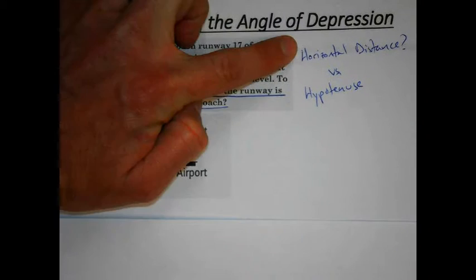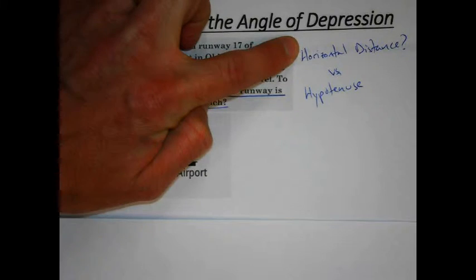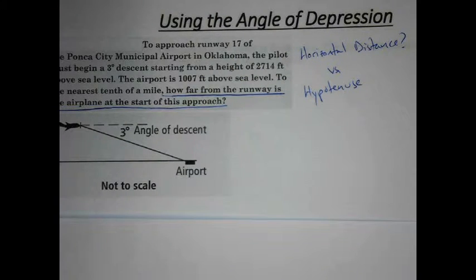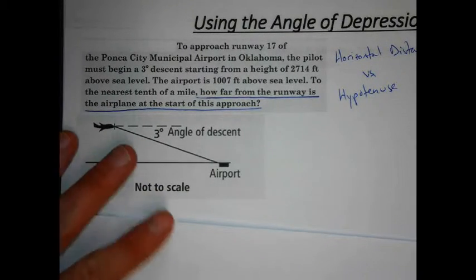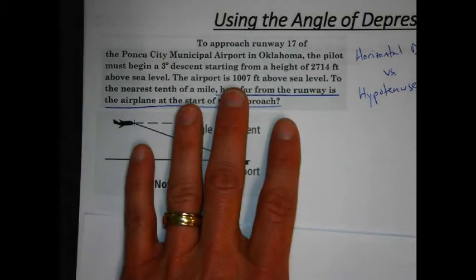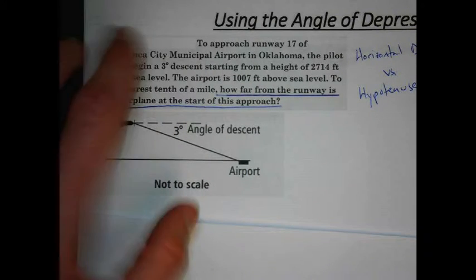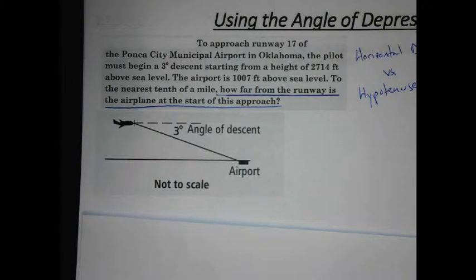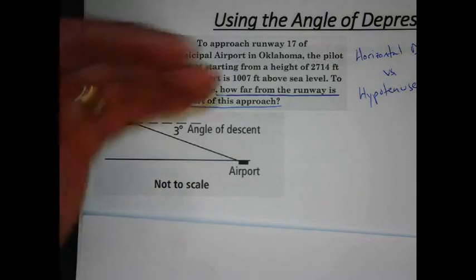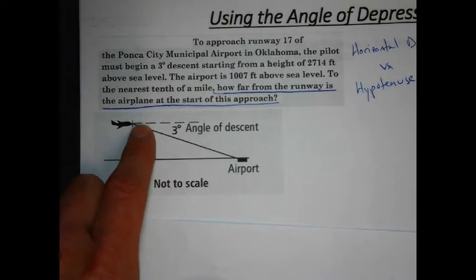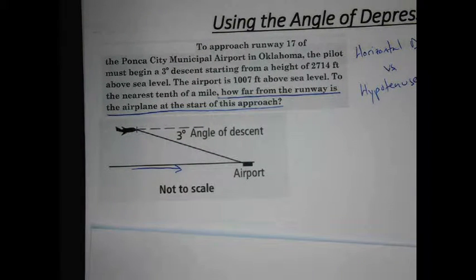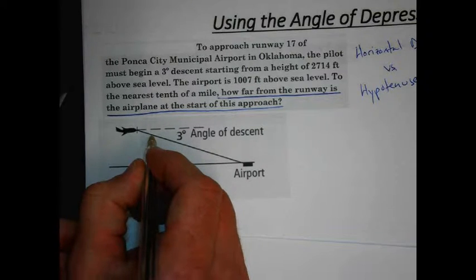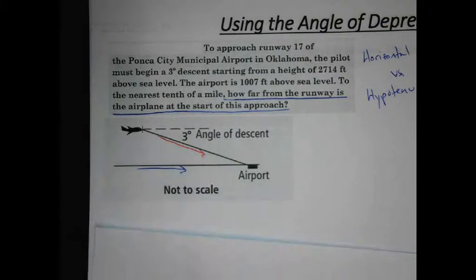I personally am a believer in horizontal distance, especially when it comes to air travel, because most mapping functions, air traffic control, for example, use overhead, and when they talk about how far from a runway is something, it is a horizontal distance. So are we looking for the horizontal distance, which is this, or are we looking for the hypotenuse, which is this? And we never quite can come to agreement.